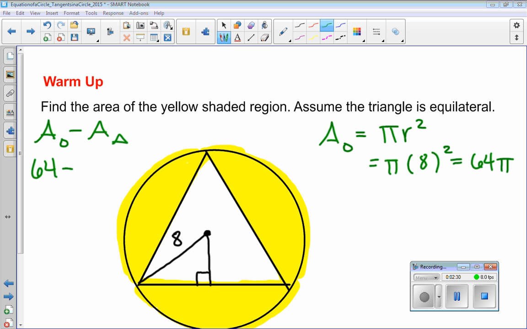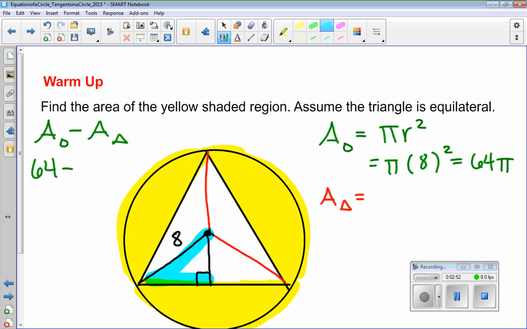All right? Now I'm going to find the area of the triangle. What now? How do I do that? Into squares? Yeah, I would have divided it up as well. So if we divide it up into 3 triangles, let's use a different color highlighter to highlight one of these triangles down here.